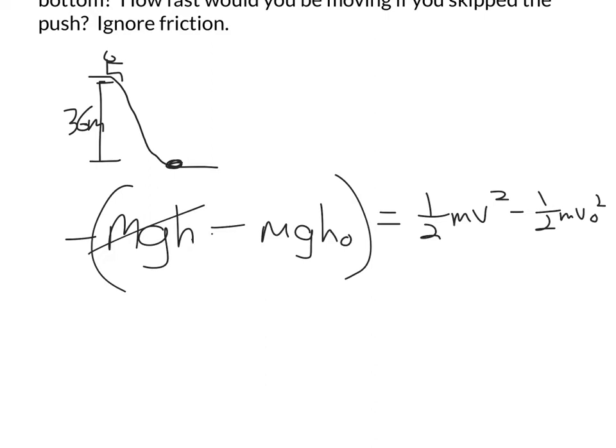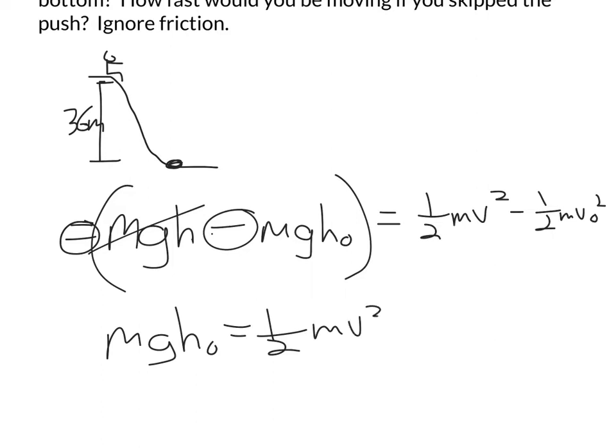So we can't actually ignore the starting speed. And notice the negative will multiply through, and we will get a positive here. So we'll get mgh naught equal to half mv squared minus half m v naught squared. And what we're trying to find is the final speed when they get to the bottom.